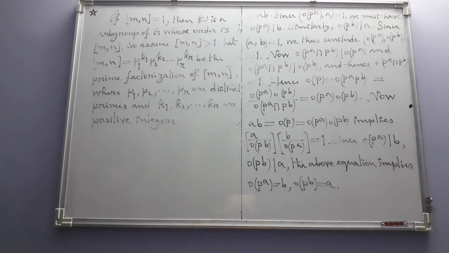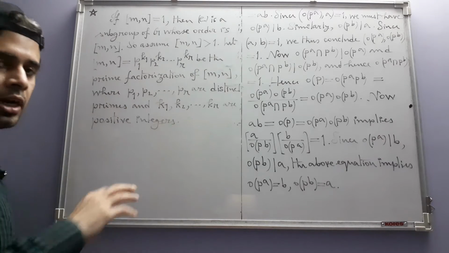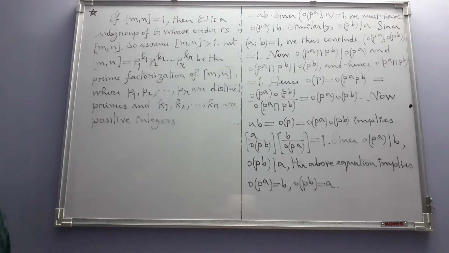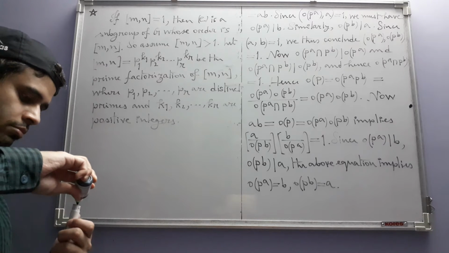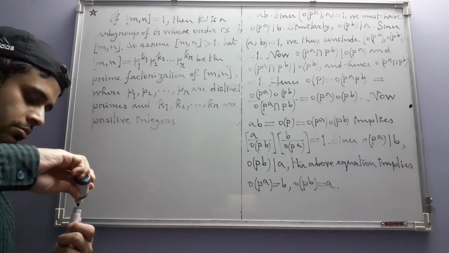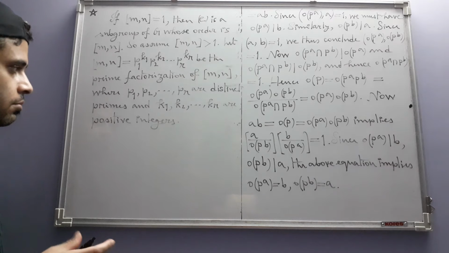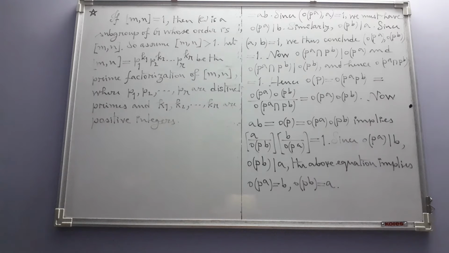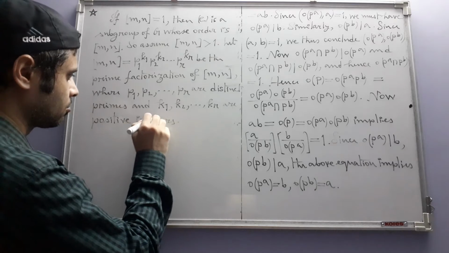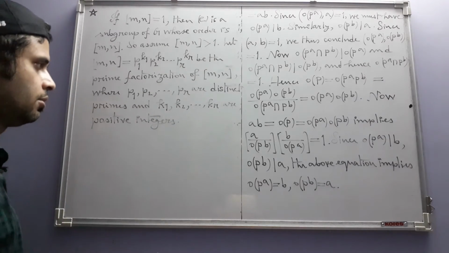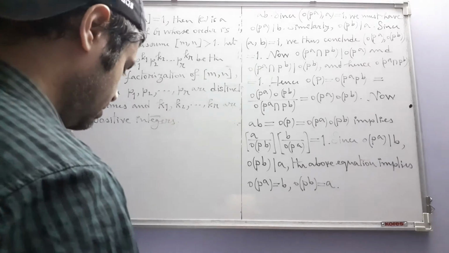If some ki is equal to 0, the corresponding prime is not there.